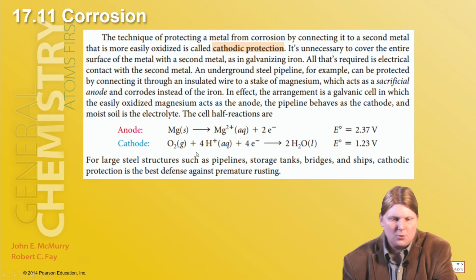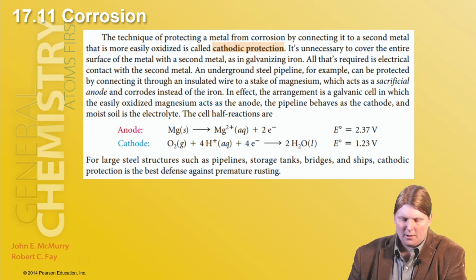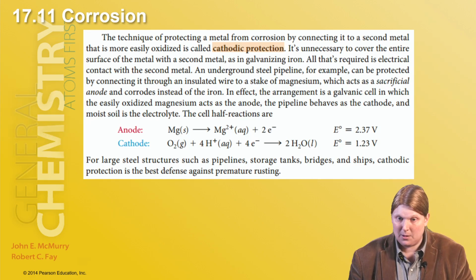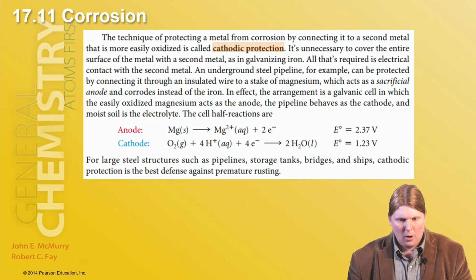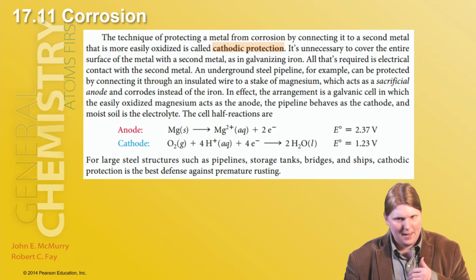Another way they can do this is if they have buried pipes. What they can do is use cathodic protection: a piece of very reactive metal, typically magnesium, that they bury alongside the iron steel pipe, and they connect it with a wire so that this whole big chunk of magnesium gives electrons back to the pipe as it corrodes.